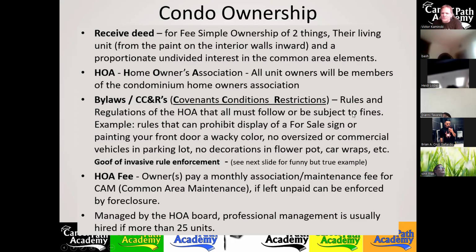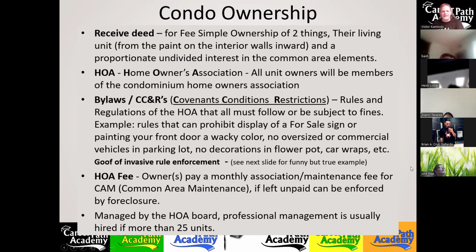If they don't follow those rules, they could be subjected to fines. Generally speaking, you cannot do an open house in a condo complex, not unless it's by appointment, because you can't put up for sale signs or those directional arrows with balloons leading to the unit that's for sale. So it becomes kind of difficult to do.